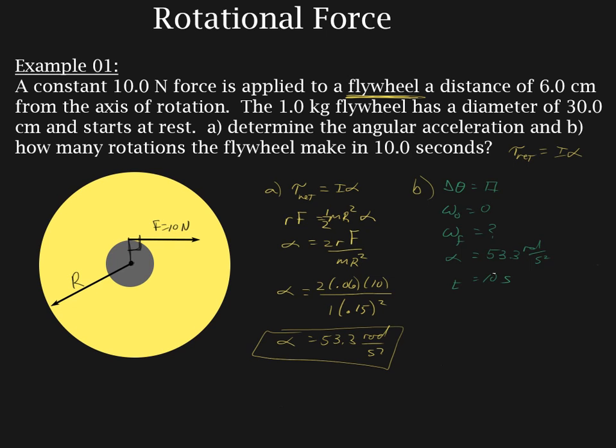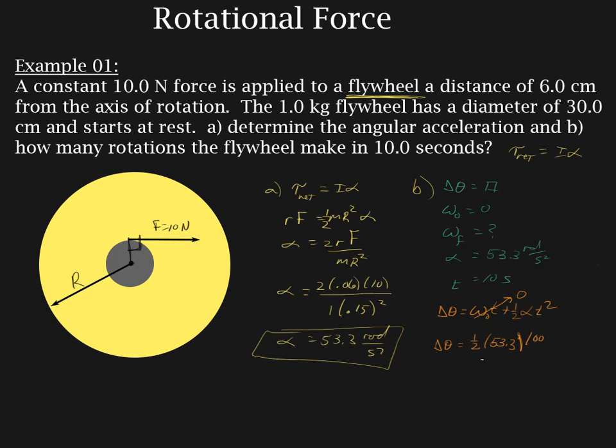So the equation which is going to most readily fit this data would be our position function for rotation. So we have delta theta is equal to omega initial t plus 1/2 alpha t squared. Omega initial was 0, and so delta theta becomes 1/2 times 53.3 times 10 squared, which is 100.